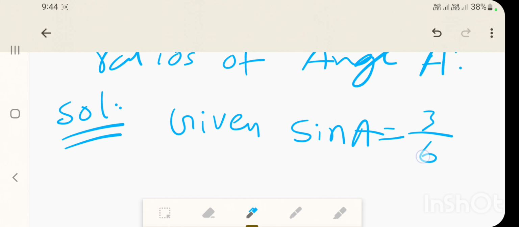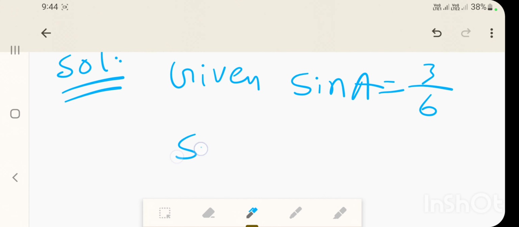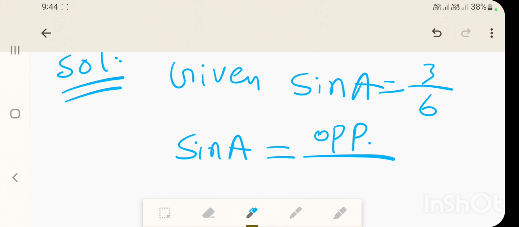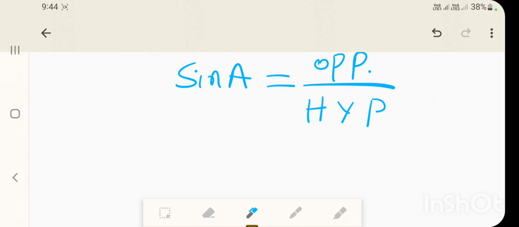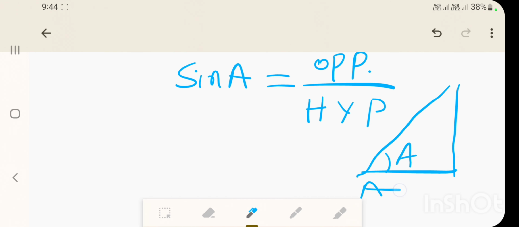From the sine definition, we have opposite side length divided by hypotenuse length. So if you draw a triangle ABC by taking angle A here, you can take it as angle A or theta.